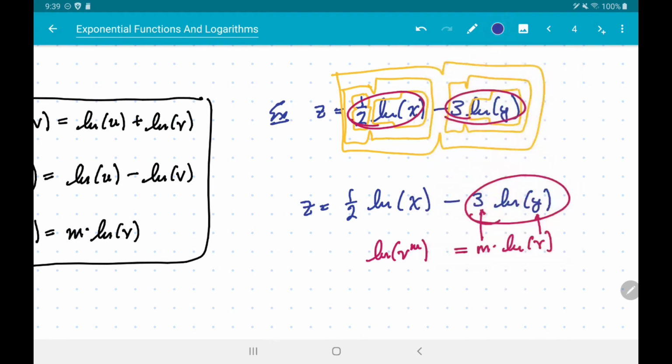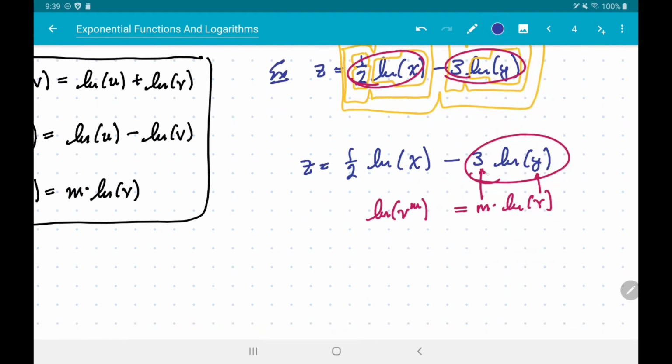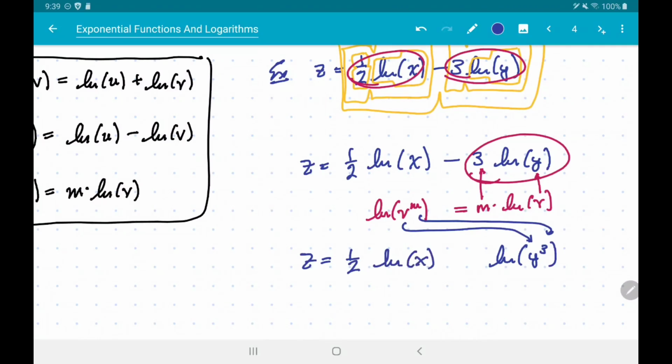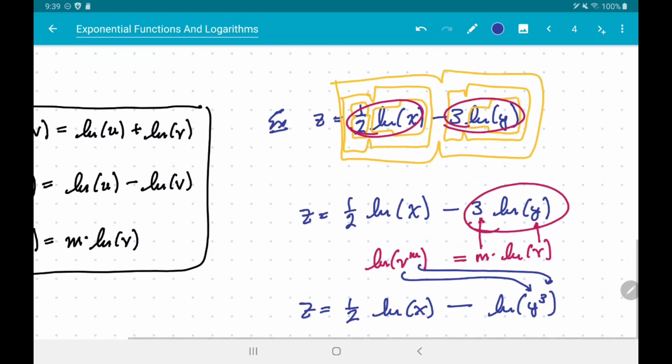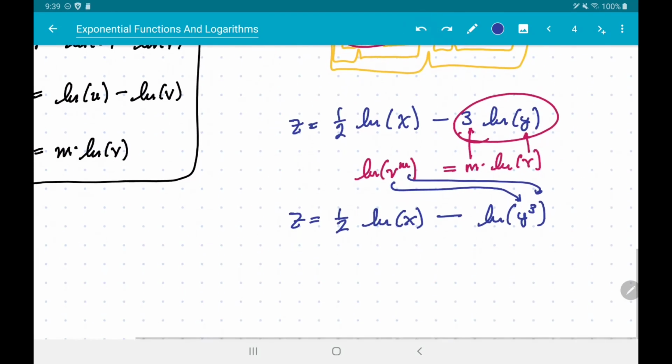What that means is that I'm going to rewrite the 3 ln of y as ln of y to the third and leave the rest of the formula in place. So everything else is the same. All of the structure is left unchanged, but what we've done is to change this small piece, the 3 ln y, using one of these algebraic properties.